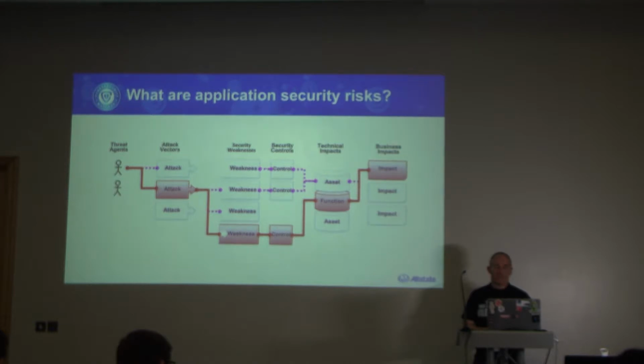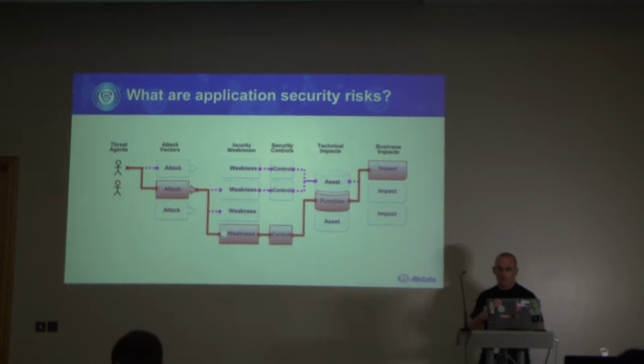Sometimes these paths are very easy to find, sometimes they're quite difficult. Likewise, sometimes the harm that can be done is trivial, there's no big deal, nobody cares, it's not going to cause anything, there's no upset. Other times it may put you out of business. And it's up to each application owner or organisation to determine that risk profile themselves. So there is no hard and fast rule.